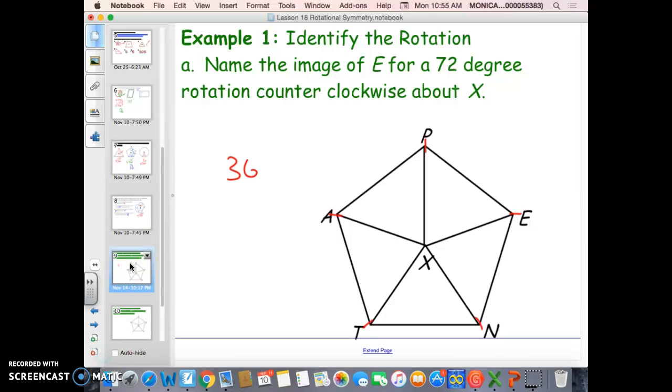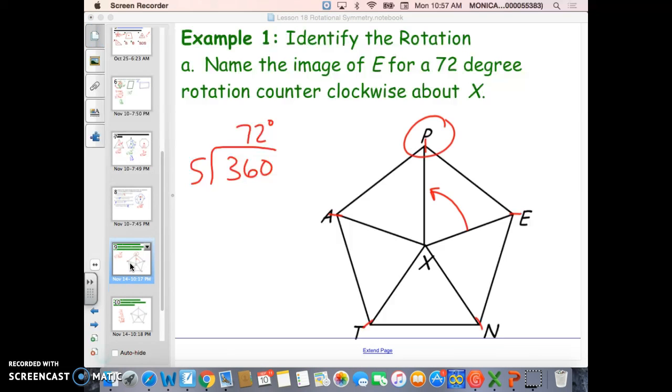So 360 divided by 5 is 72. And we're doing a 72-degree counterclockwise. So that would be up to here. Okay, so what you'll notice is it goes onto E.